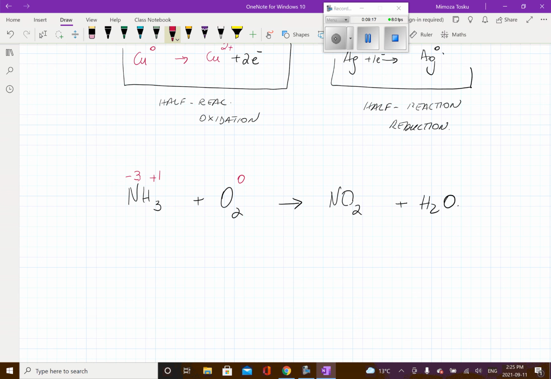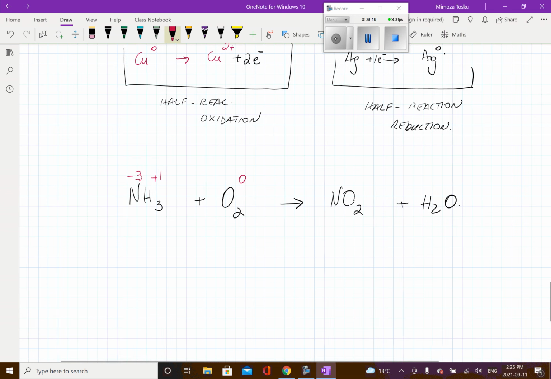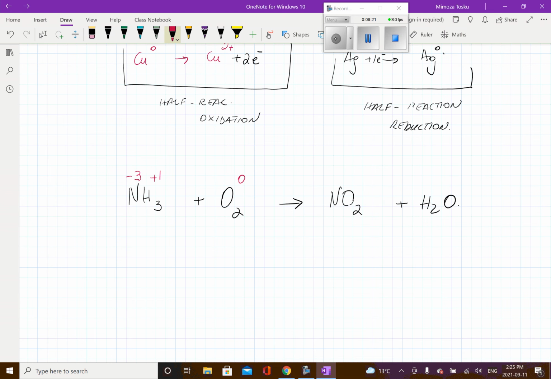Now, let's move to the product side. Oxygen is -2, but when it is in hydrogen peroxide it is -1. In this case, it's not hydrogen peroxide, so it will be -2.